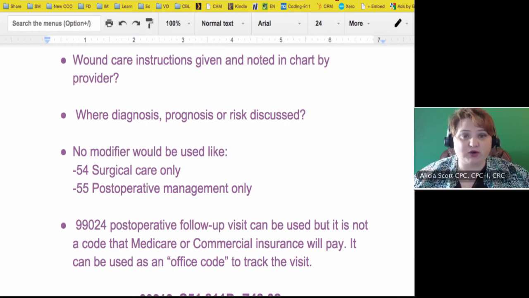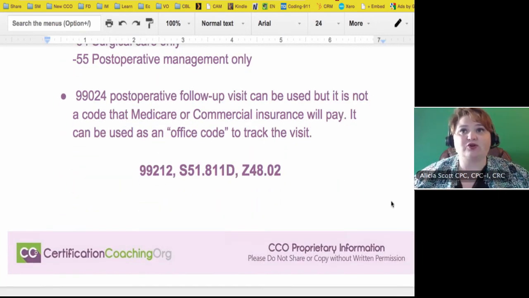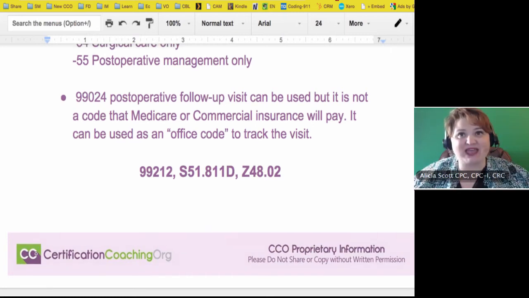So another code to be aware of is 99024, post-operative follow-up visit. It can be used, but it's not a code that Medicare or commercial insurances are going to pay. A lot of times they will use this in-house as a code to just keep track of these suture removals or things that are not getting paid out for.